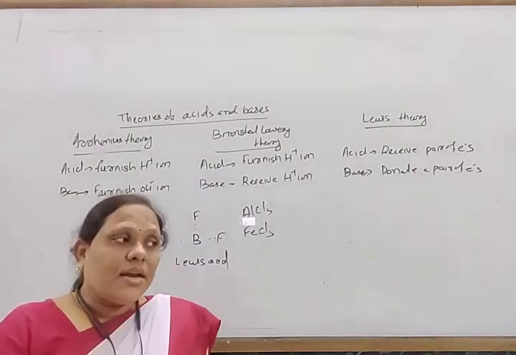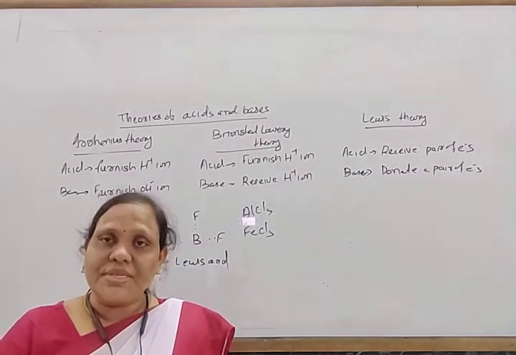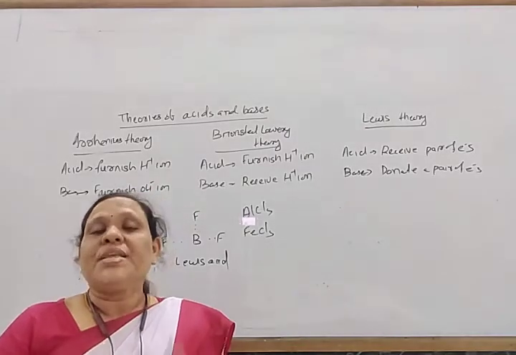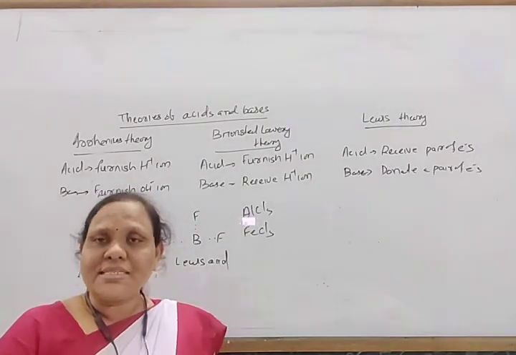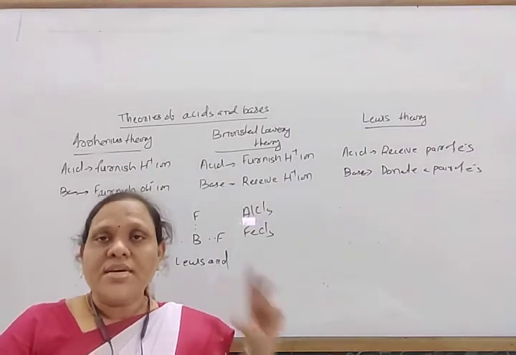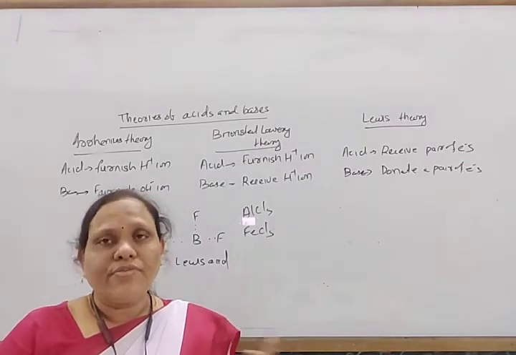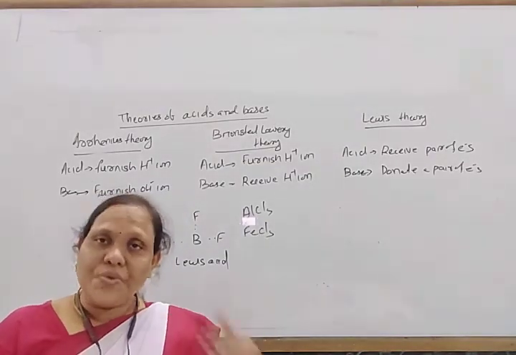Similarly, a central atom which has a vacant d orbital is also a Lewis acid. So Lewis acids are electron deficient species. These are also known as electrophiles, electron loving. They have more attraction for a pair of electrons. So these are known as Lewis acids.